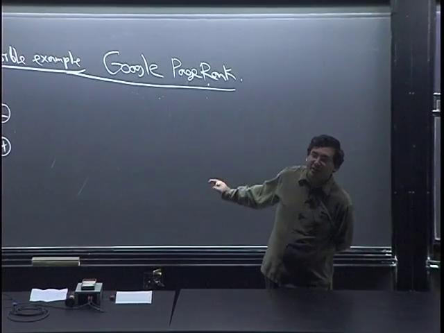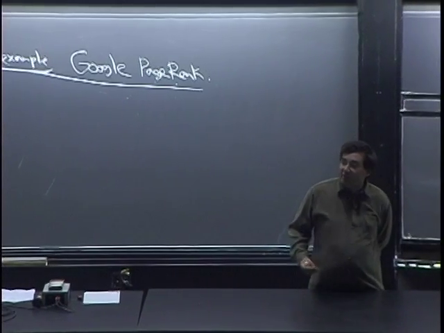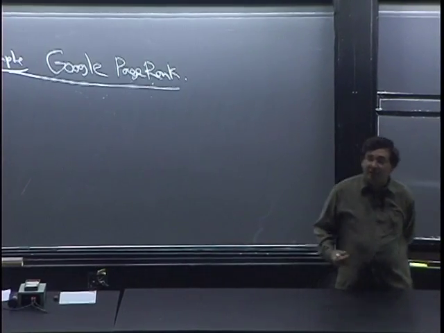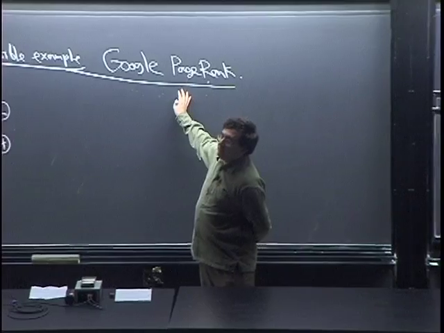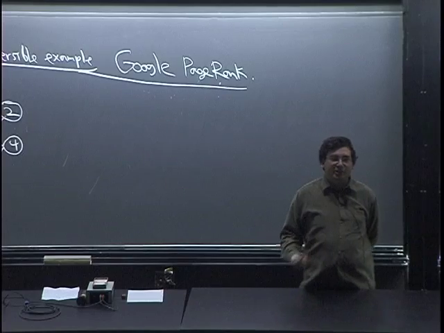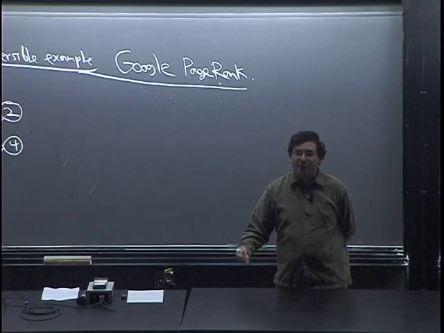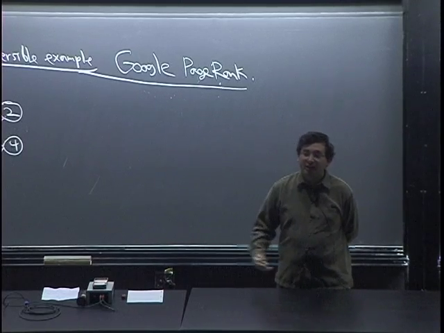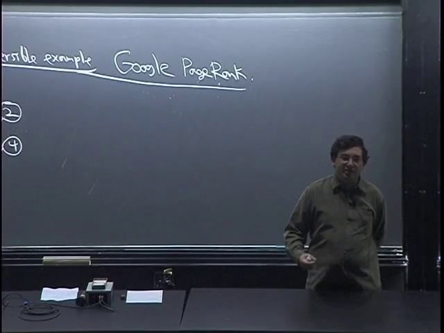Now you can debate whether they're still the best or not, but at the time it was way beyond any of their competitors. Because you don't have time to search through a million. If you're searching for chess and there's a million pages, you don't have time to go through all of them. The question is, which page should come up first, second, third? It's the ranking, right? So you look for all pages that match your query. What order should those be displayed in?